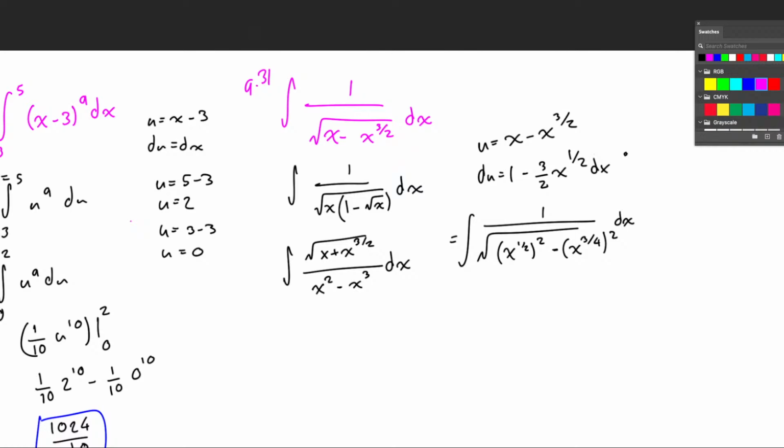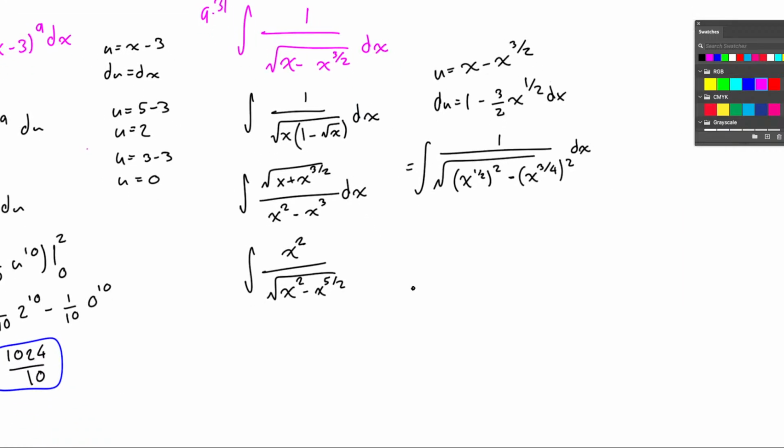I could multiply both things by x squared, right? So that becomes x squared over x squared minus x to the 5 over 2. Now what this does, I have no idea.